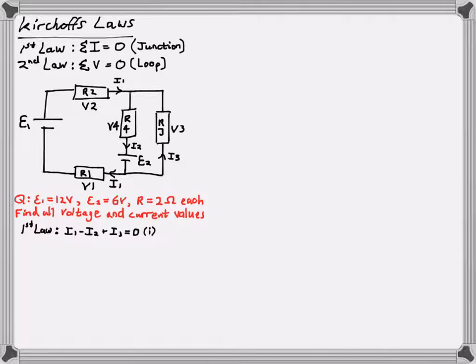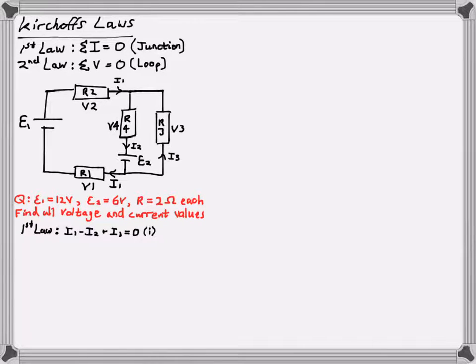The direction that we decide to go through the loop when we add up the voltage values associated with Kirchhoff's second law doesn't matter. We can go clockwise through the loop like this, or we can go counterclockwise through the loop. But depending on which way we do that, the EMFs and voltage values are either going to be positive or negative. So we have to obey a certain rule for when we're doing that.